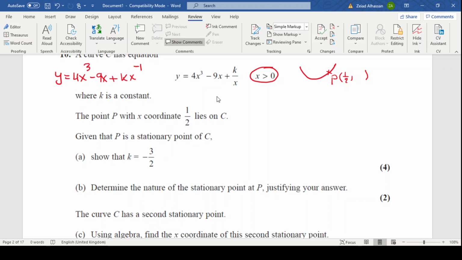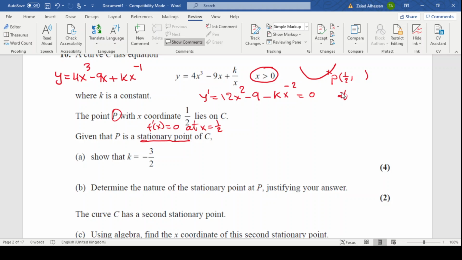So let's differentiate. y prime is equal to 12x squared minus 9 minus k x power negative 2, and that is equal to 0 at x equals half.